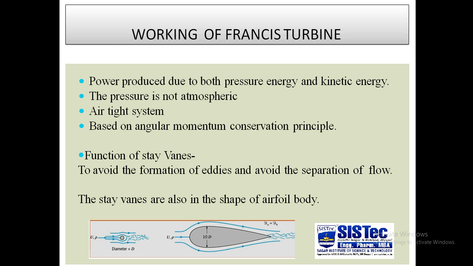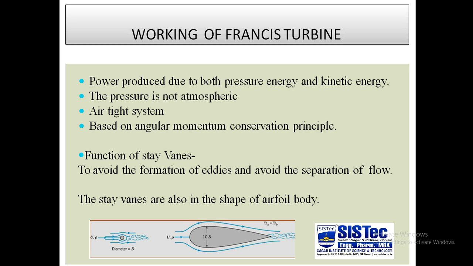These stay vanes are in the shape of an airfoil body, and this airfoil body is very suitable for flow. That means separation of flow will not take place. In the previous unit on flow over submerged bodies, we discussed the streamline body.